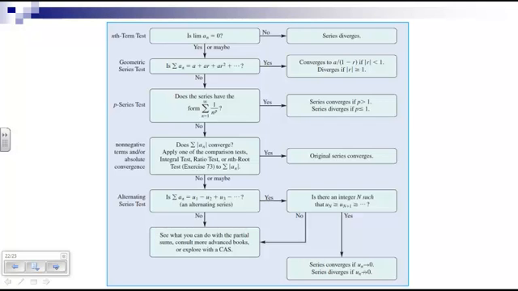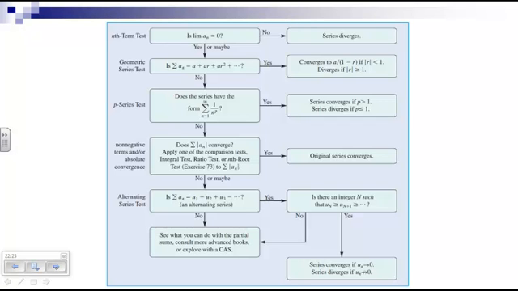You get the series. It says, take a quick look to see if the nth term goes to 0 or not. That's easy to check, right? If the nth term goes to 0, it may be convergent. If the nth term doesn't go to 0, it's divergent and you're done.